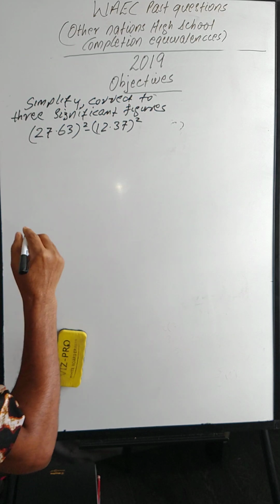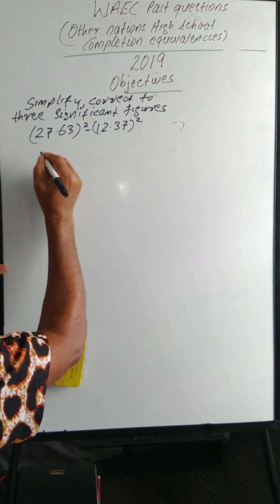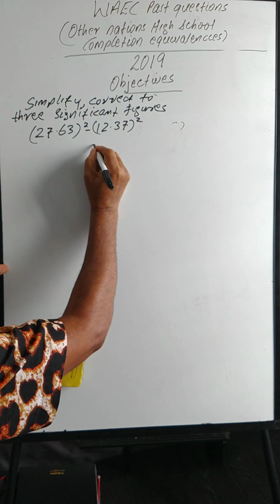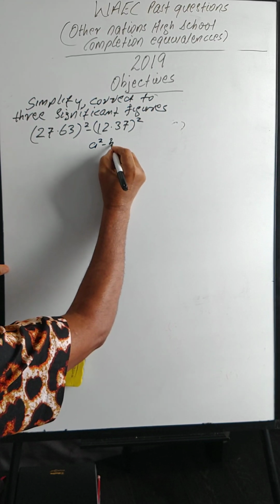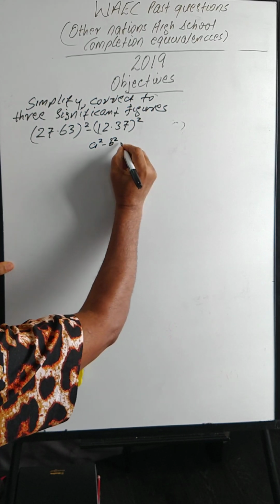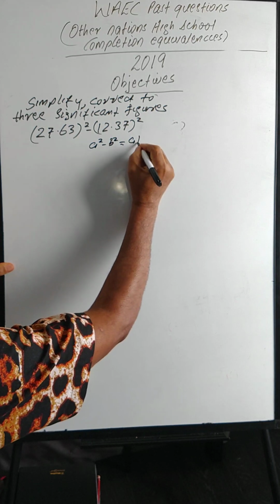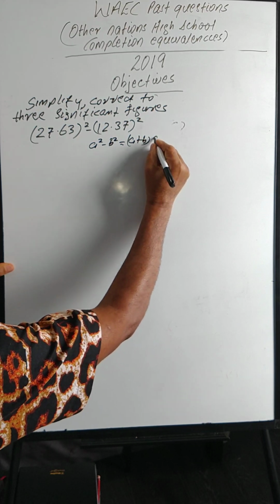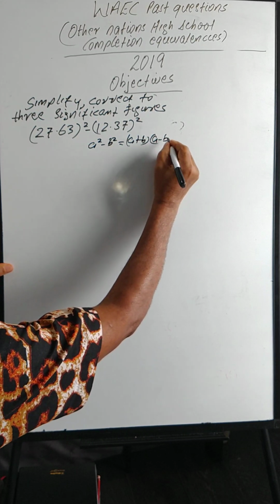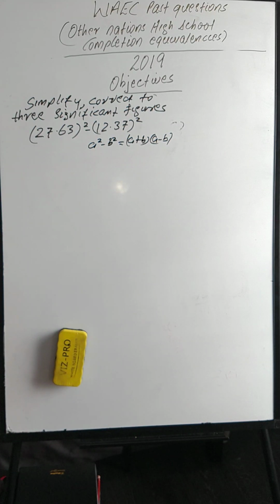For our solution to this, you remember that a squared minus b squared will give us a plus b times a minus b. We apply the difference of 2 squares.